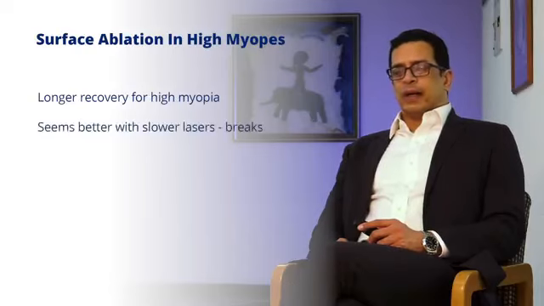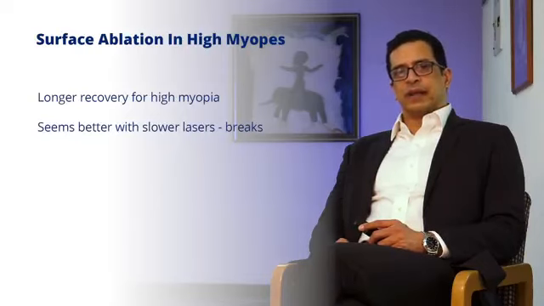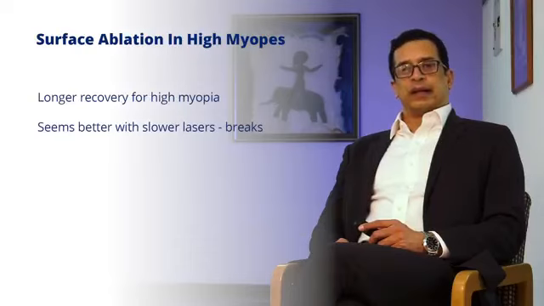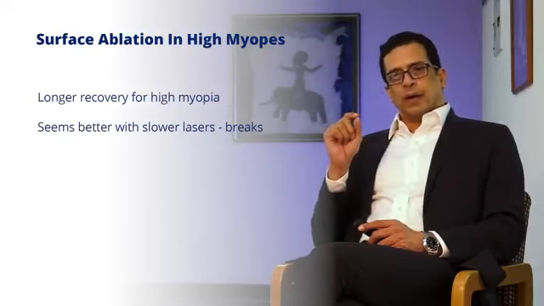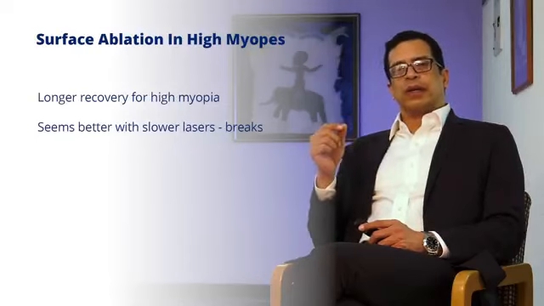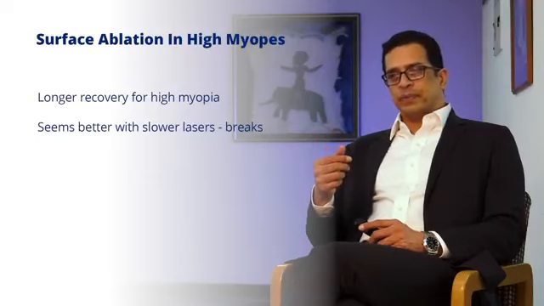It also seems that PRK is better with slower lasers in high myopes than faster lasers. And if you're using a laser like the EX500, it makes sense to break the treatment up into little segments and give a second or so gap so the cornea doesn't get overheated with these treatments. And that seems to work as well with the slower laser too.